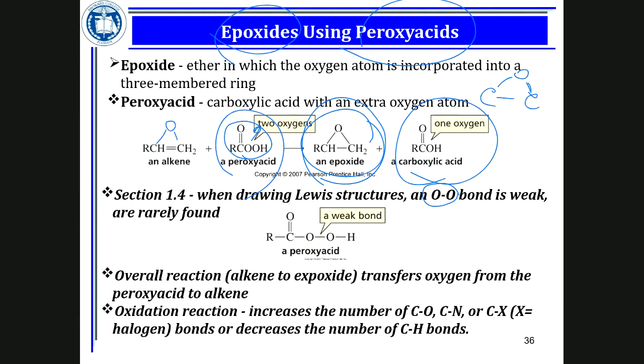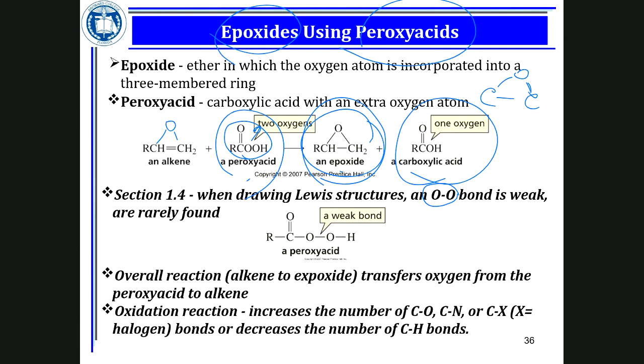So we have the alkene plus peroxy acid that gives you epoxide and carboxylic acid. Is the addition syn addition or anti-addition? Is the addition Markovnikov or anti-Markovnikov? Not applicable.